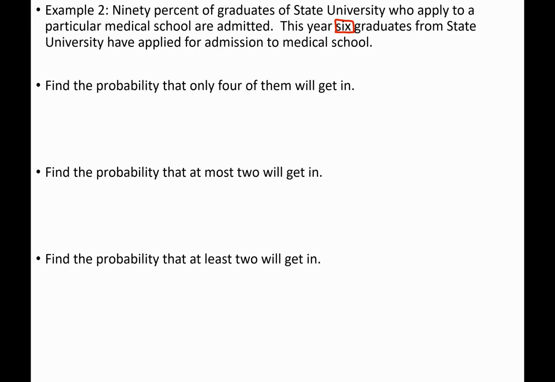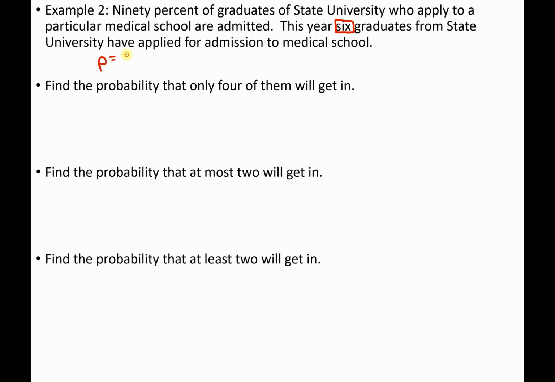For each trial, there's only 2 possible outcomes. What can happen when they apply? They get in, or they don't. 2 outcomes. Property 3, check. And then for every trial, we have that same probability of success. What's considered our probability of success?